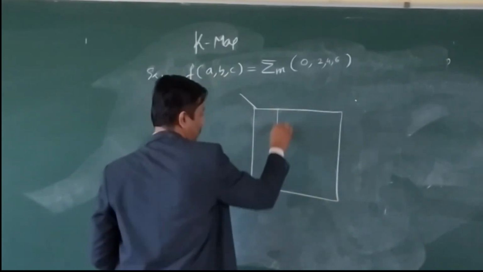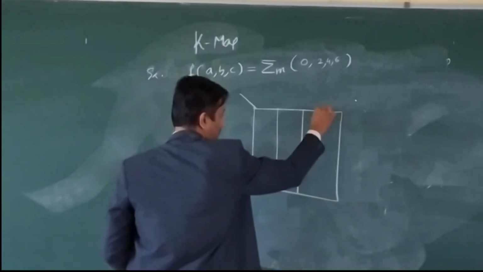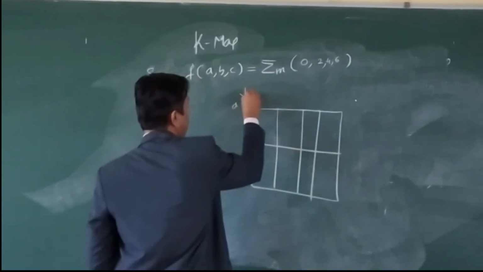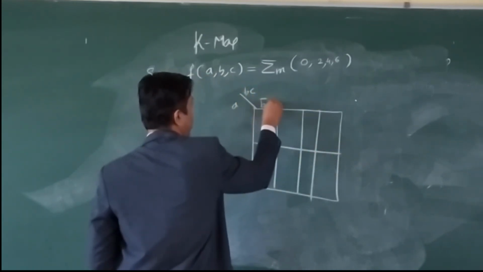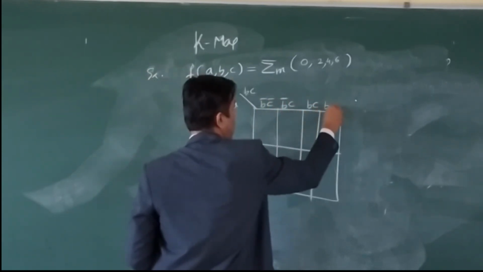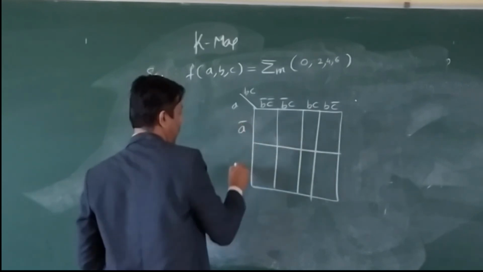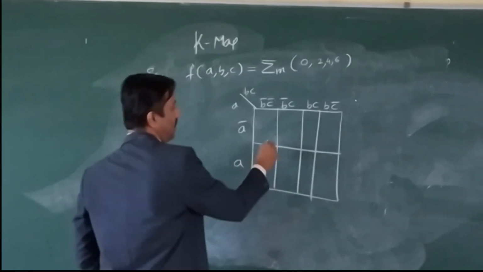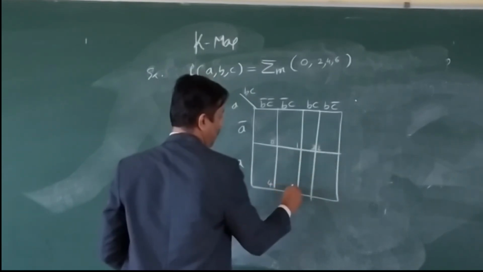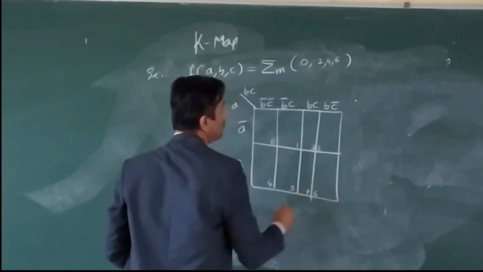How we are going to do it: 0, 0, 0, 1, 1, 0, 1, 1, for A, B, C, with B bar C bar, B bar C, B C, B C bar, and A bar and A. So 0, 1, 2, 3, 4, 5, 6 and 7.